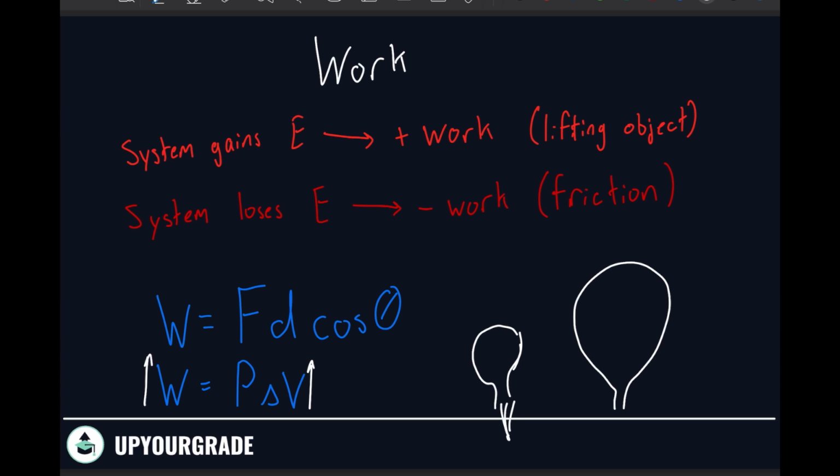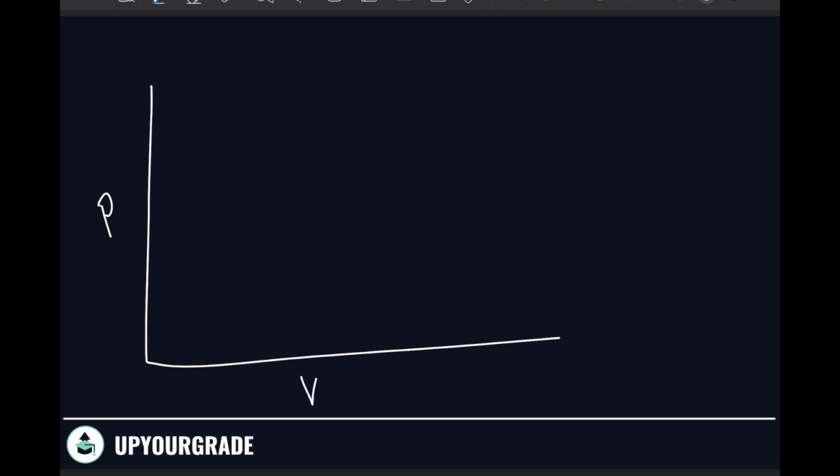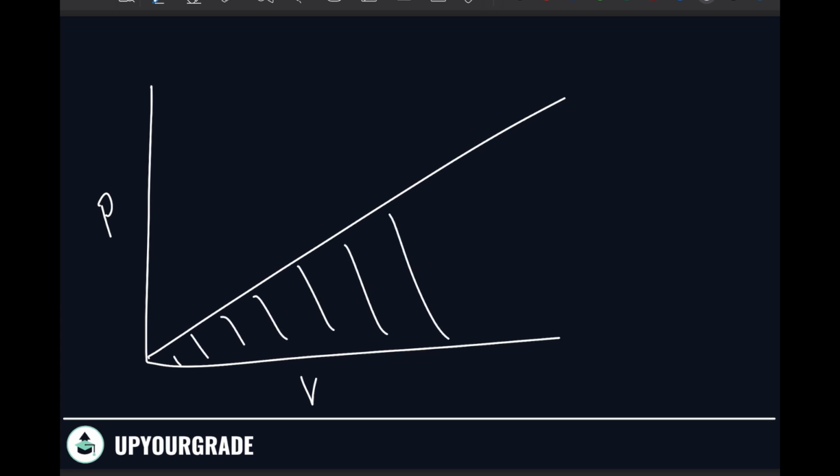And one way that this could be shown is through a graph, right? Let's say we have a pressure volume graph. We can put pressure over here and volume over here, and let's say that the graph looks a bit like this. Remember how in the first video I said that the area beneath the curve, or in this case the line, is equal to the y-axis multiplied by the x-axis?